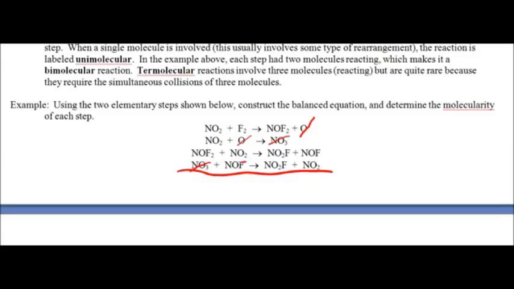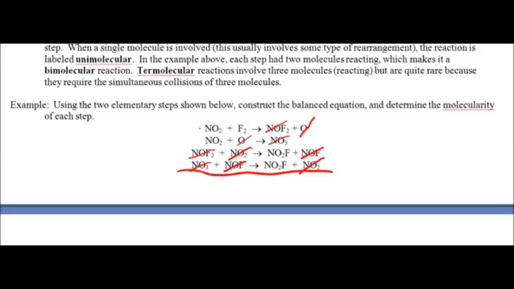I also have a NOF on both sides, and I have NOF2 on both sides. Now let's check for the remaining. There are no, oh there is one. There's one NO2 there and there's one NO2 there. Alright, so there's no fluorines, F2s on this side. There's 2 NO2s on this side, but no others on this side.